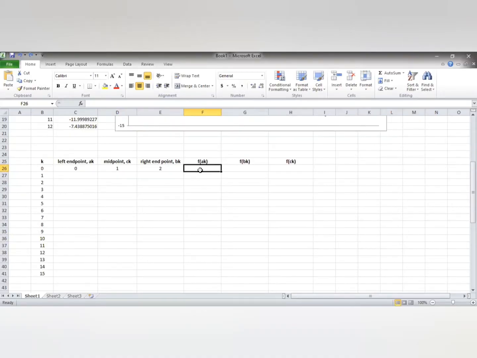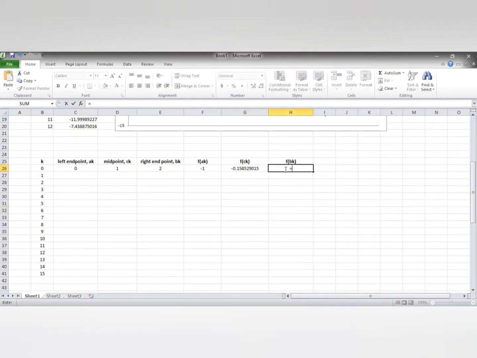We need to find the value of f(ak), so this will be equal to the left endpoint times sine, minus 1, that is equal to negative 1. I have to change this to ck and bk. Here, this is equal to the midpoint times sine, minus 1.